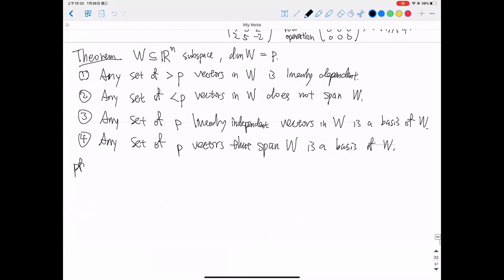Now, proof of the theorem. Proof of 1. Well, let's see here. So P is the dimension, right?